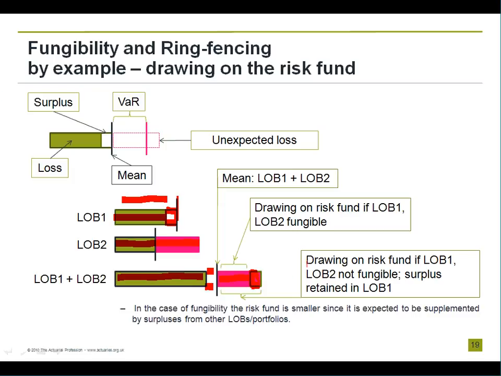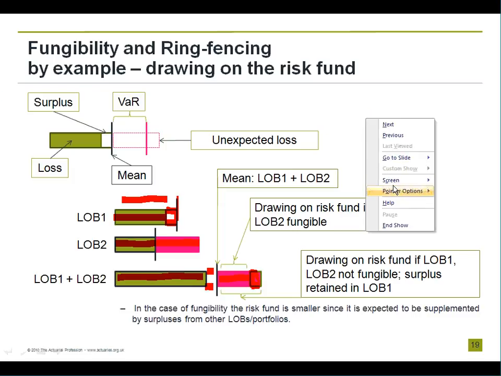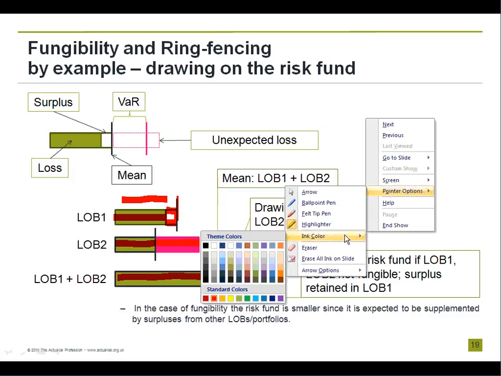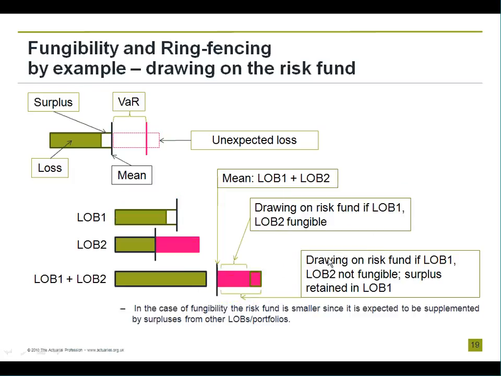Okay, so first example: what do you draw from the risk fund if you share surpluses between the two LOBs, or if you like, they are fully fungible? Now for LOB2, the amount that exceeds the mean is this amount, but you can use this surplus to fund that.